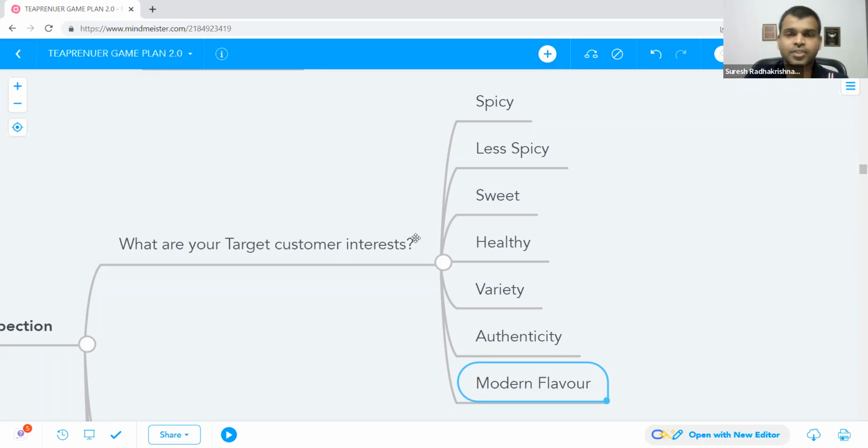Let's assume you have milkshake in the menu. You have mango milkshake, you have strawberry milkshake. If your target is also kids, what milkshake will you offer? What are the possible varieties that kids will like? Can you type that in the comments, please? What will attract kids, basically?